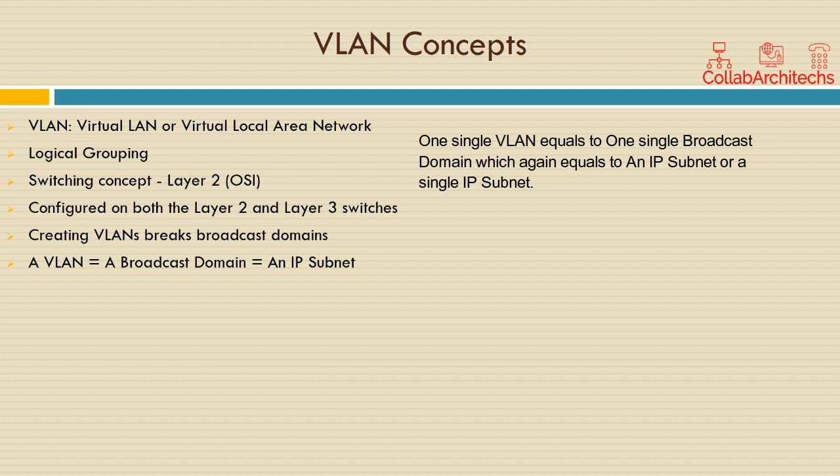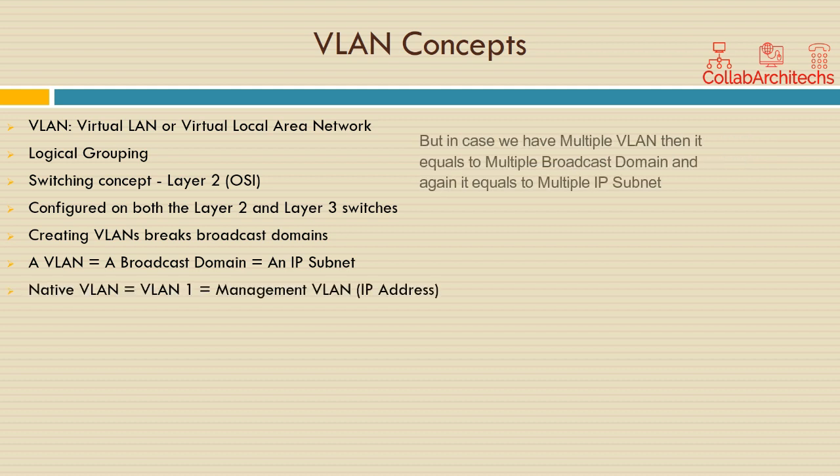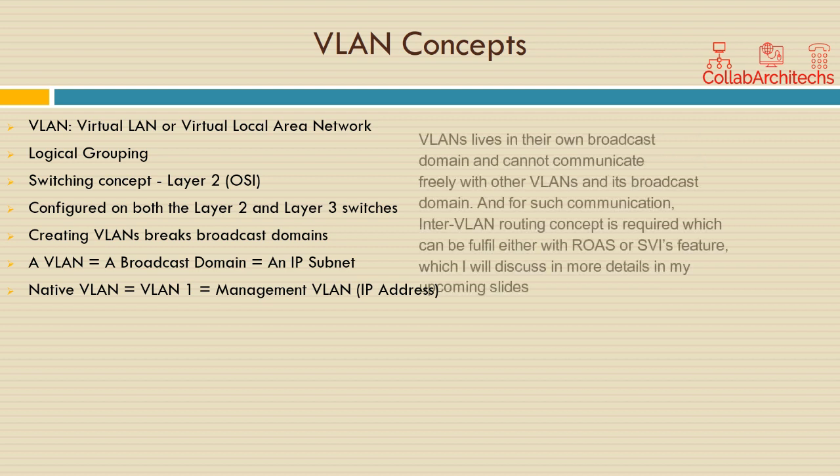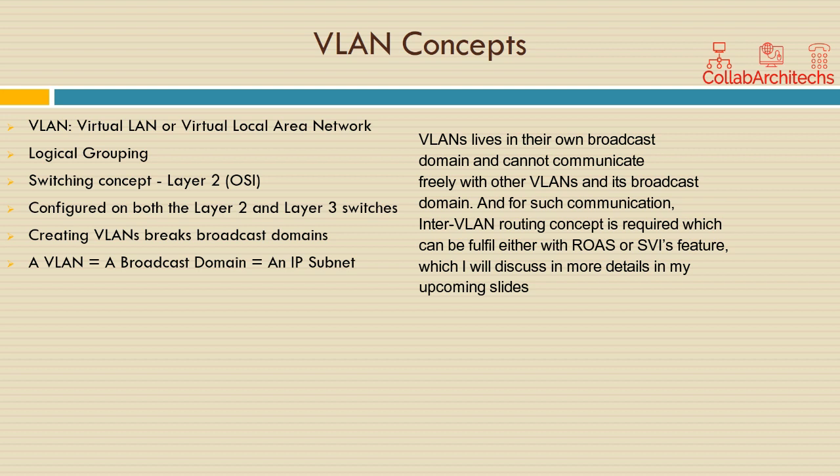One single VLAN equals one single broadcast domain, which again equals a single IP subnet. But in case we have multiple VLANs, then it equals multiple broadcast domains, and again it equals multiple IP subnets. VLANs live in their own broadcast domain and cannot communicate freely with other VLANs and their broadcast domains.